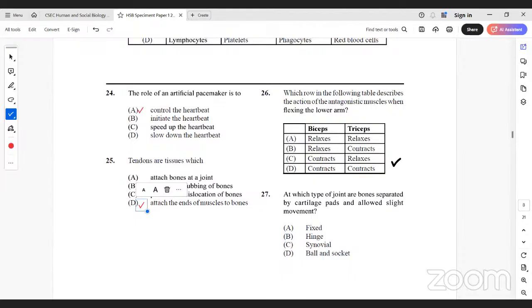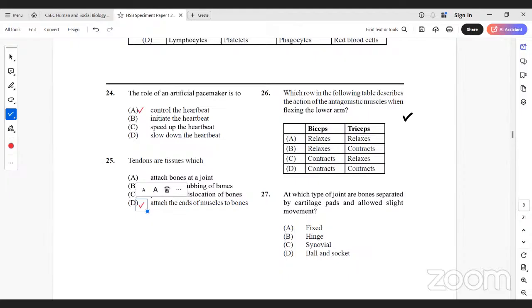Question 26. Which row in the following table describes the action of an antagonistic muscle when flexing the arm? Flexing is the fancy way to say bending the arm. So when you bend your arm, and if you get this question, use your actual arm and flex it.